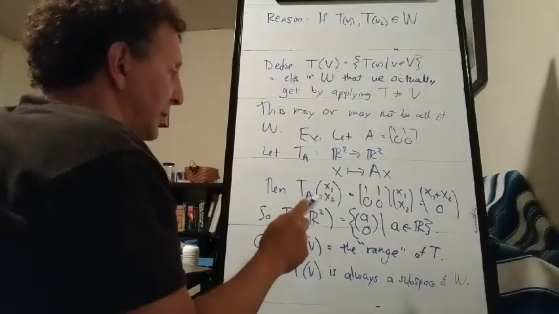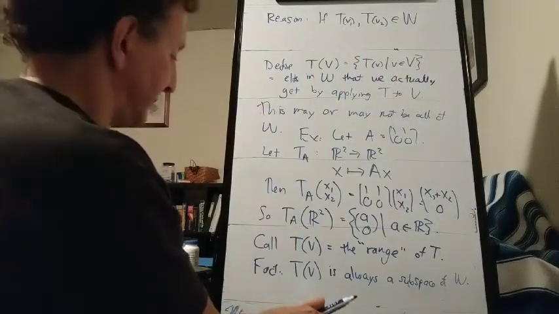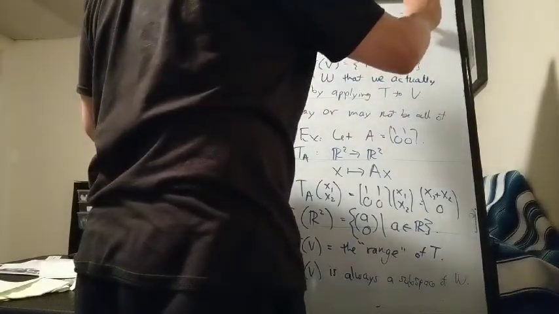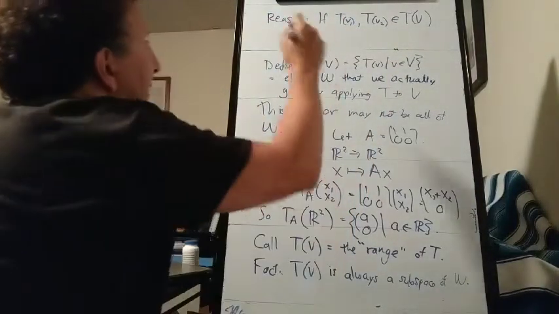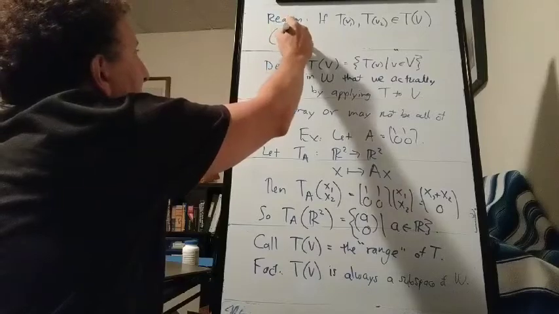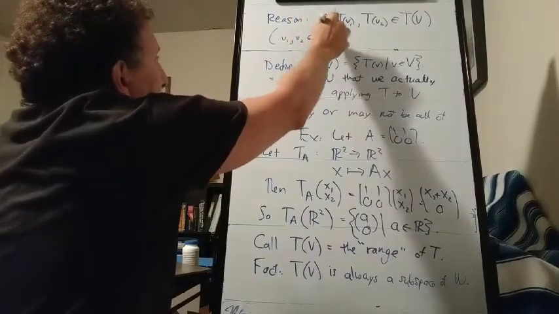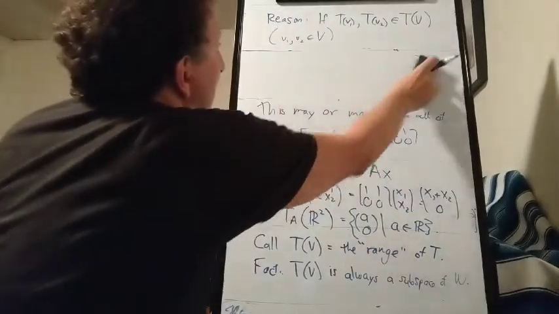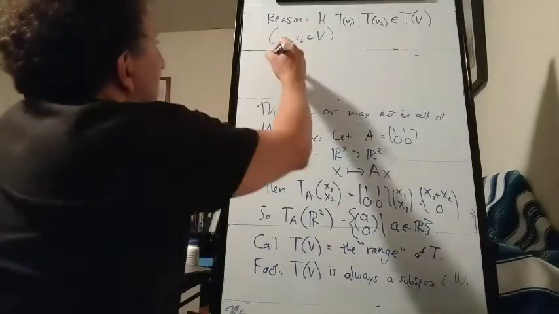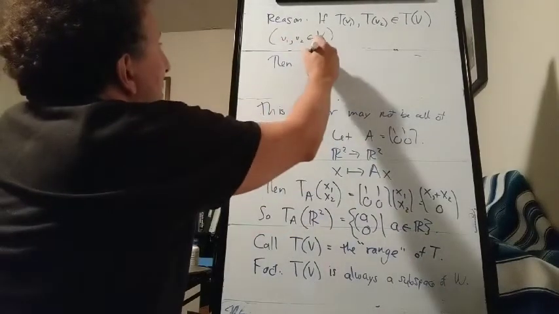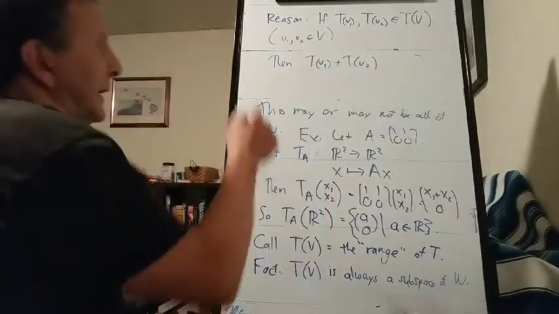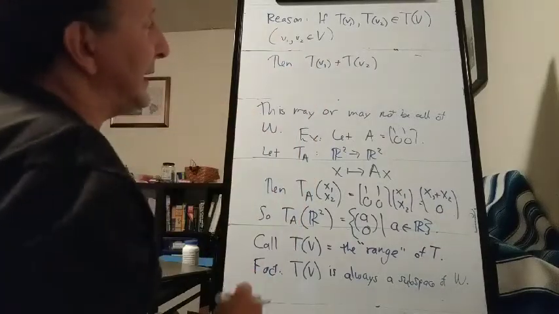So let's look at two elements in T of capital V, which is also part of W. So we apply T to the elements V1 and V2 in the vector space big V. Then we're wondering, is T of V1 plus T of V2 equal to T of something?